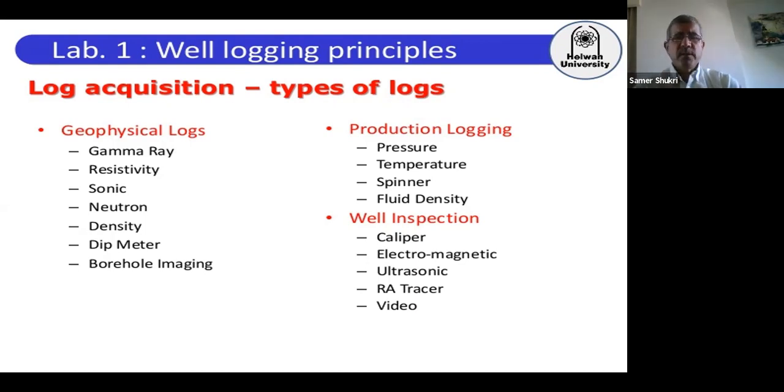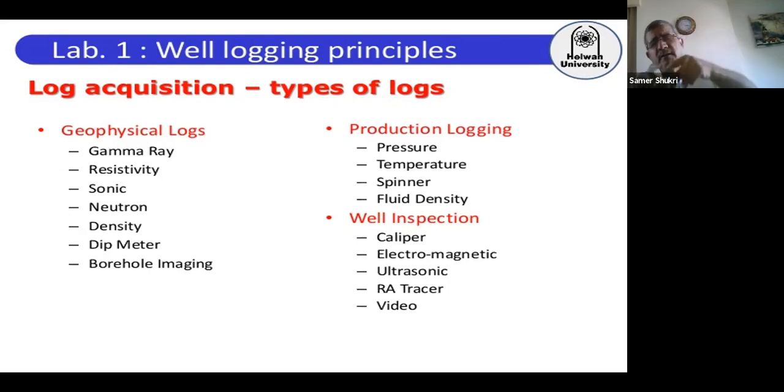Well logging principles, we have log acquisition, types of logs, geophysical logs. We have gamma ray, resistivity, sonic, neutron density, depth meter, and borehole imaging. Production logging, we have pressure, temperature, spinner, and fluid density. We have well inspection. If we have a problem in the well, for example, we can run video, we can run caliper.